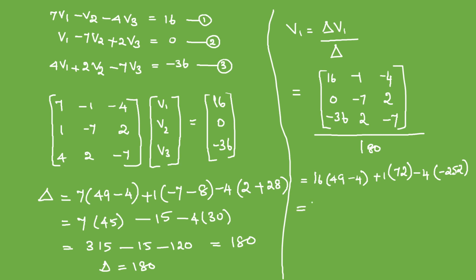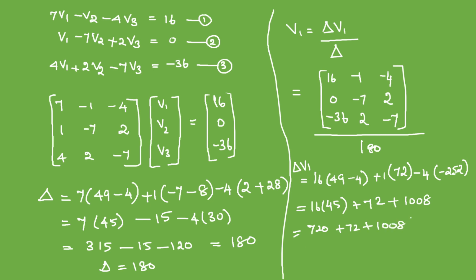So this is equal to 16 into 45 plus 72. This is minus of minus plus 1008. We are finding here this del V1. So it is 720 plus 72 plus 1008.